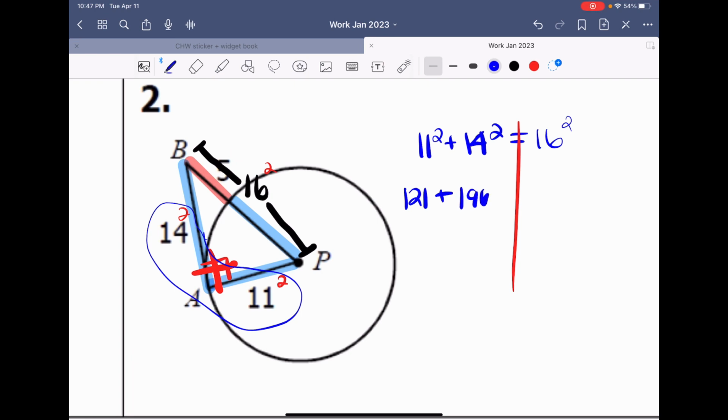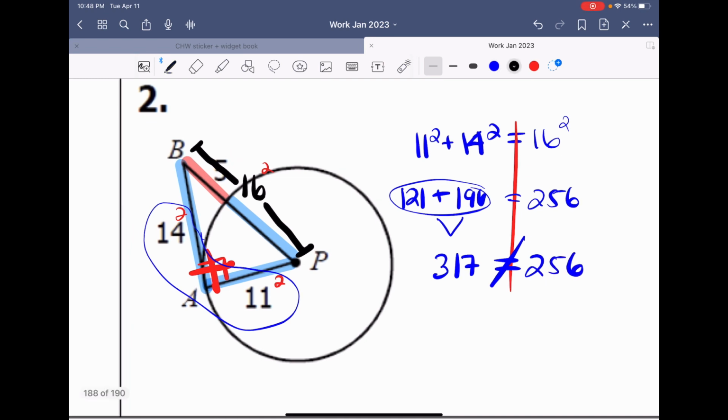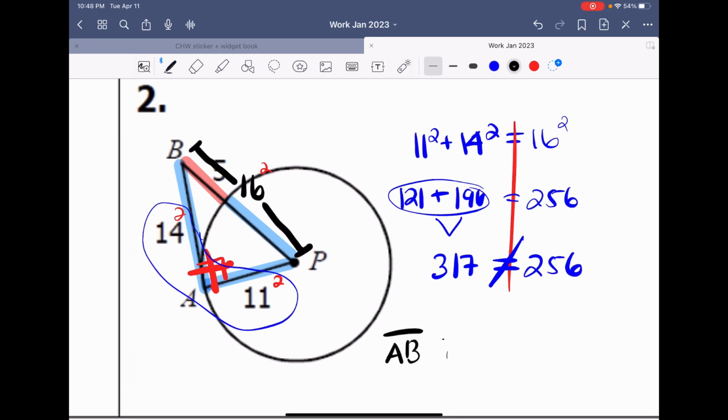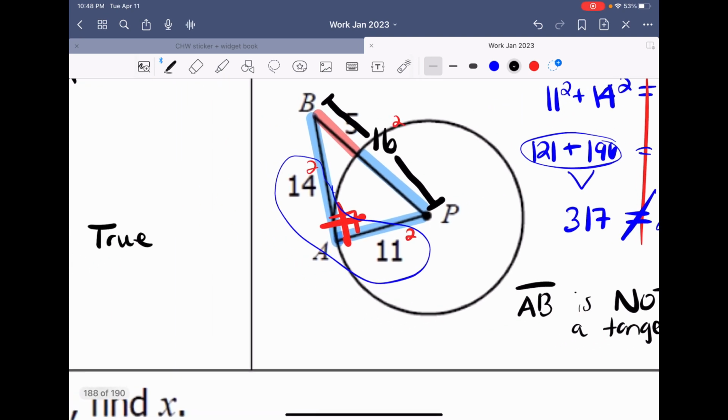And then 16 squared, we get 256. So then we're going to add these two, and if the answer is 256, then it's true. But if it's not, then it's false. And we get 317, which is not 256. So it means that AB is not a tangent, because it was false.